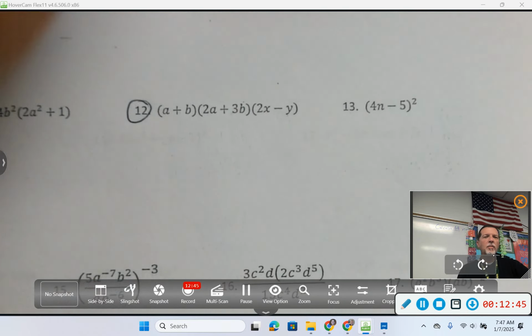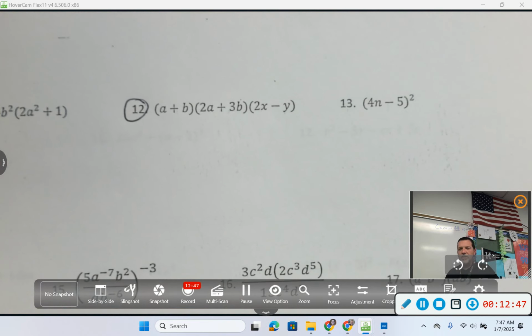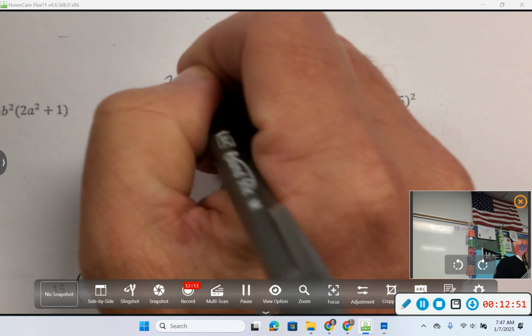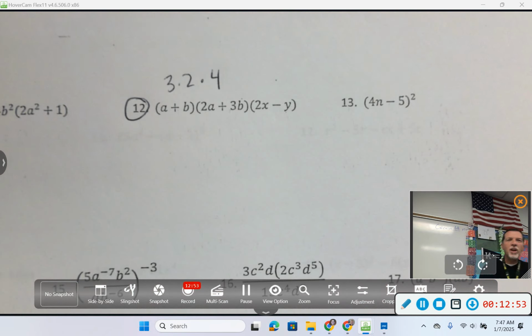So, multiplying 3 polynomials, in some ways it's a little bit like multiplying just 3 numbers. If you do 3 times 2 times 4, what's the answer to that? 24. How'd you do that? 3 times 2, and then. Right, 3 times 2 is 6, and then multiply by 4. So even though you're multiplying all 3, your brain doesn't really multiply all 3 at once. You have to pick 2, get that answer, and then multiply it by the third one.